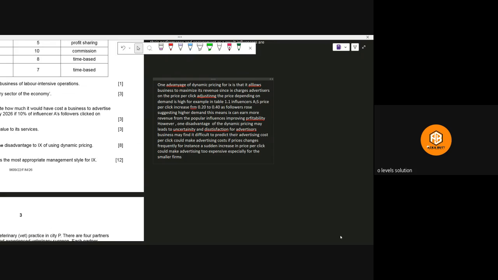And this may discourage some businesses from using IX and lead to a fall in demand for advertising space. We have to show the effect on the business as well. Okay, some of the businesses will be discouraged, but how will this affect the IX business?